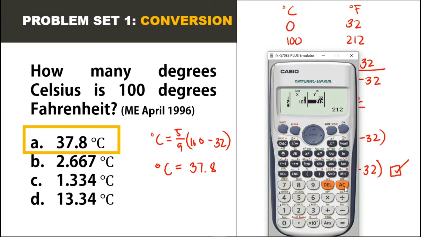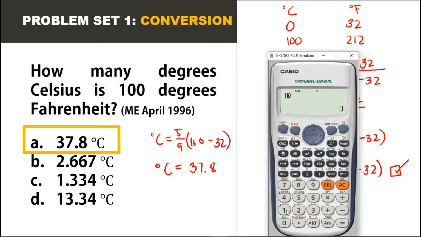So press off, then press shift stat, that is shift 1, then press 5, that is regression, then press 4, since x corresponds to your degrees Celsius. So you can input the value for which you are going to derive Celsius from Fahrenheit.